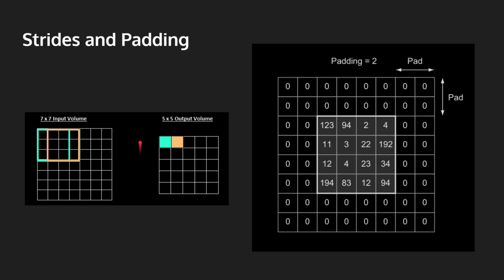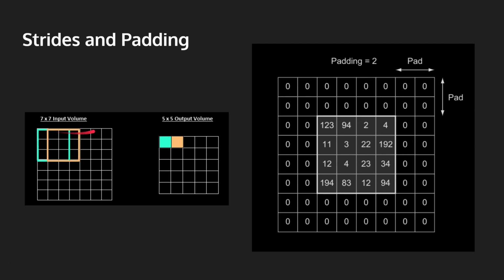So let's talk about strides and padding. Strides basically means the number of steps that our sliding window, or our kernel, moves over. So for example, this turquoise color, you can see that it first starts here, and our second one will be here. So our strides equal 1 in this case, since we're only moving over by 1.